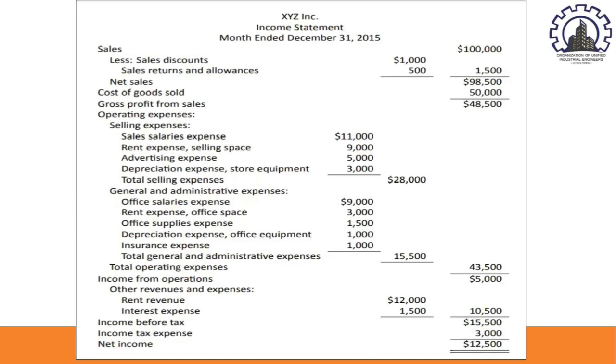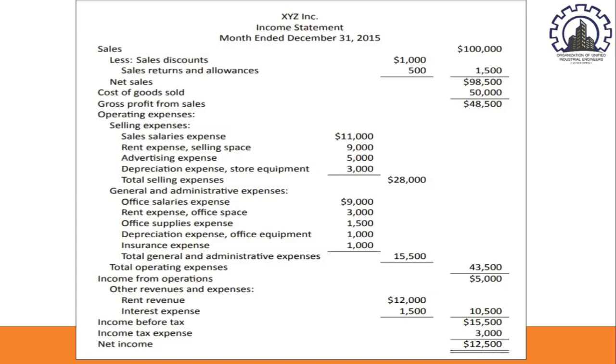The broad categories that show expenses by function include operating expenses, as you can see in the presentation. You also have selling expenses and general and administrative expenses. Within each category, the nature of expenses is disclosed, including sales salaries, advertising, depreciation, supplies, and insurance. And notice that the rent expense has been divided between two groupings because it applies to more than one category or function.